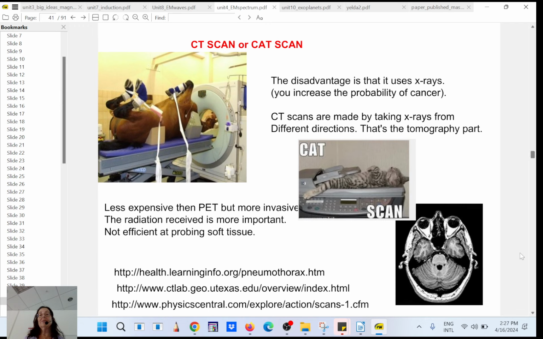Then you have sensors all around, and using the magic of computers, you can get an image. So CAT scan has more resolution than MRI, less resolution than PET scan. The smaller the wavelength, the more resolution you get. CAT scan.